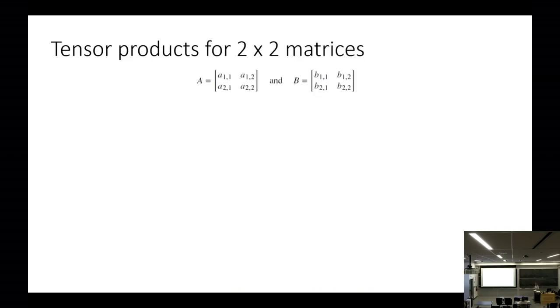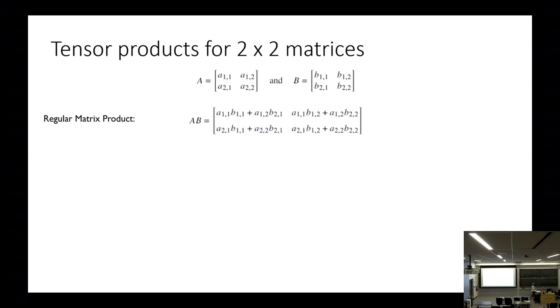You can look at this in matrix form as well. If we have two by two matrices, the normal matrix product that we talked about last week is equal to the new 2 by 2 matrix that you get by doing your row-column math.